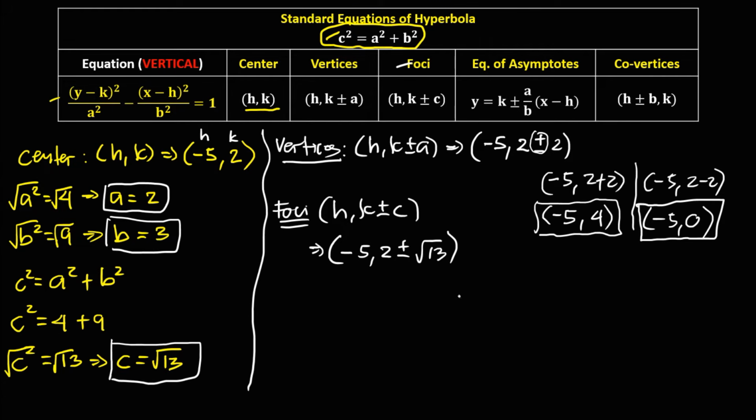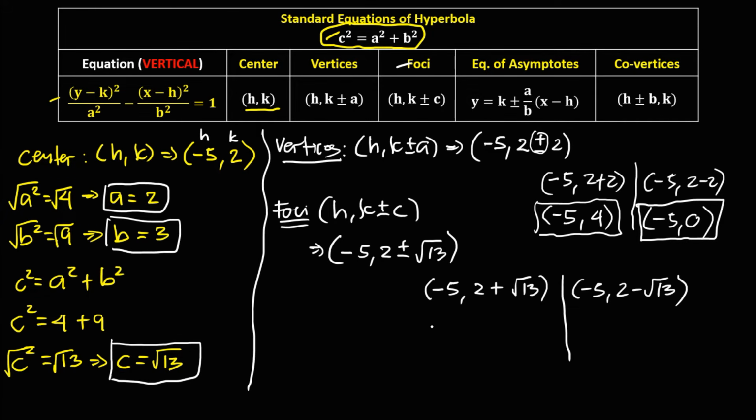Then to simplify, this becomes negative 5, 2 plus square root of 13, and the other one, negative 5, 2 minus square root of 13.